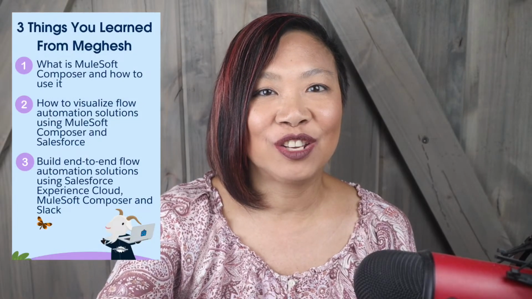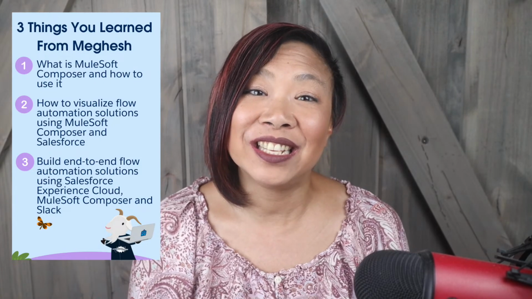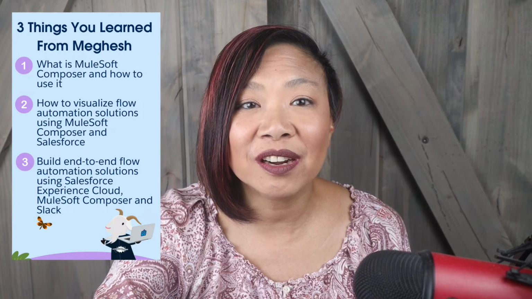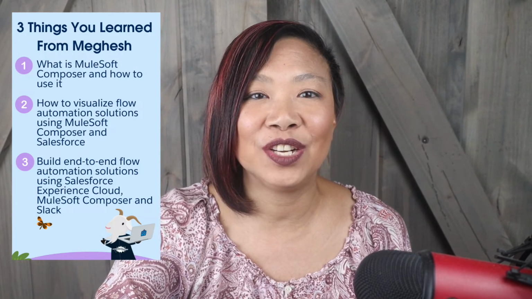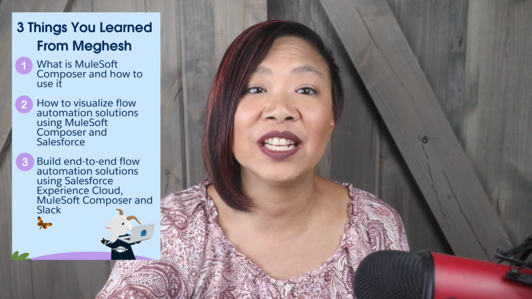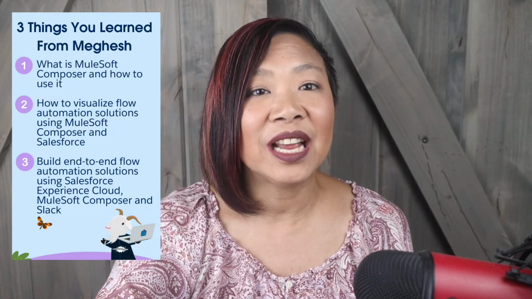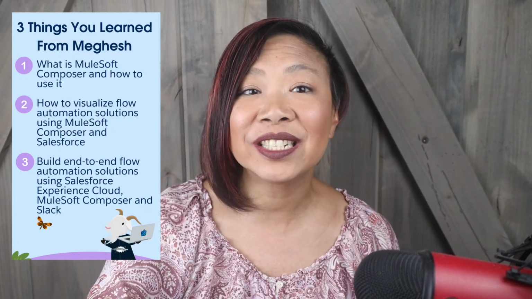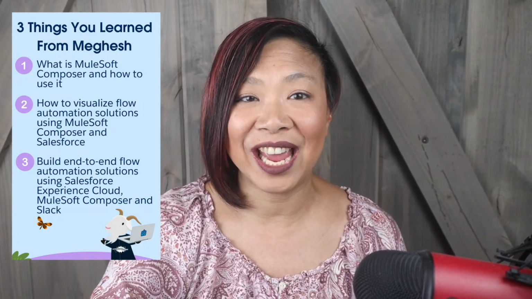All right. So let's recap what we learned in today's episode. From Meghesh: what is MuleSoft Composer, how to use it, how to visualize flow automation solutions using Composer and Salesforce, and how to build end-to-end flow automation solutions with Experience Cloud, Composer, and Slack.